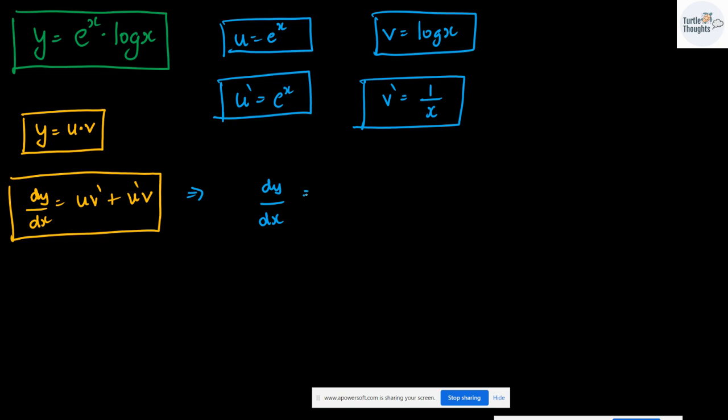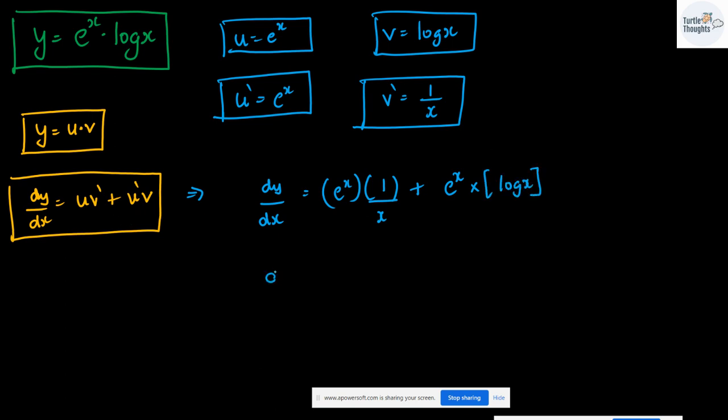dy by dx is going to be u multiplied by v dash. u is e power x multiplied by v dash. v dash is 1 over x. Plus, sorry, I should be taking plus sign. Plus u dash. u dash is going to be e power x multiplied by v. v is going to be log of x.